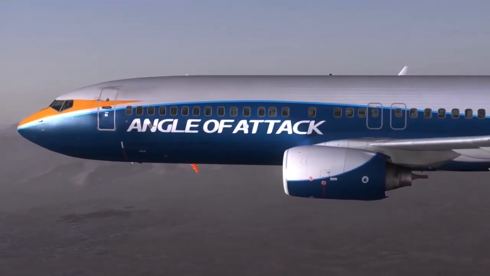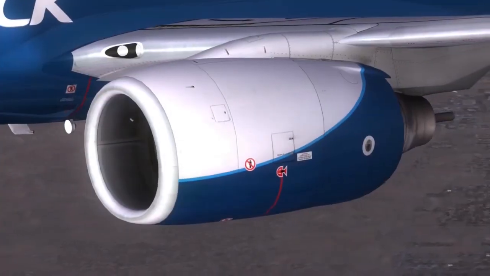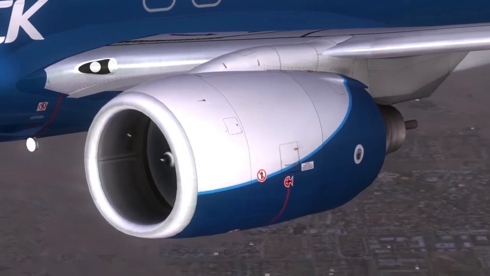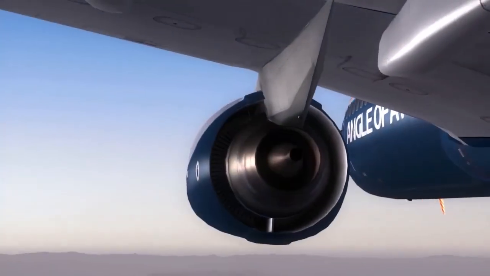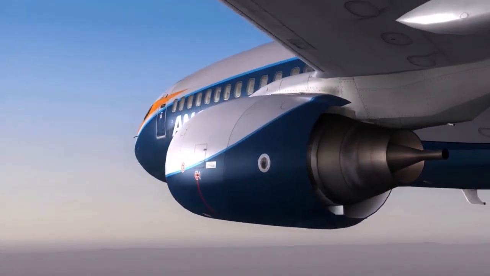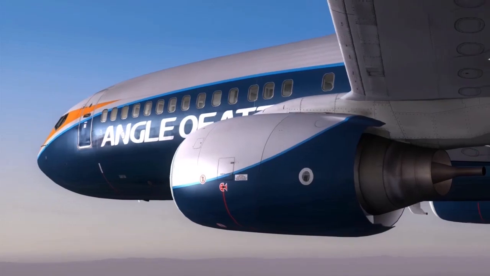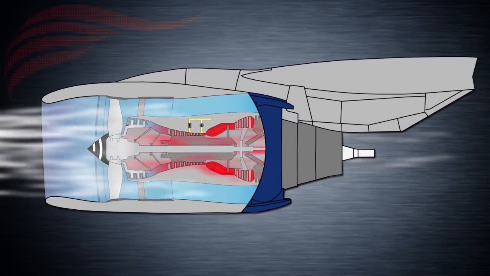The engine bleed air system supplies pressurized and regulated bleed air from the 737NGX engines into the pneumatic manifold. Even though engines are very thoroughly discussed in their related lesson, we're going to briefly mention a few general aspects of how an engine works. The fan sucks outside air into the engine.